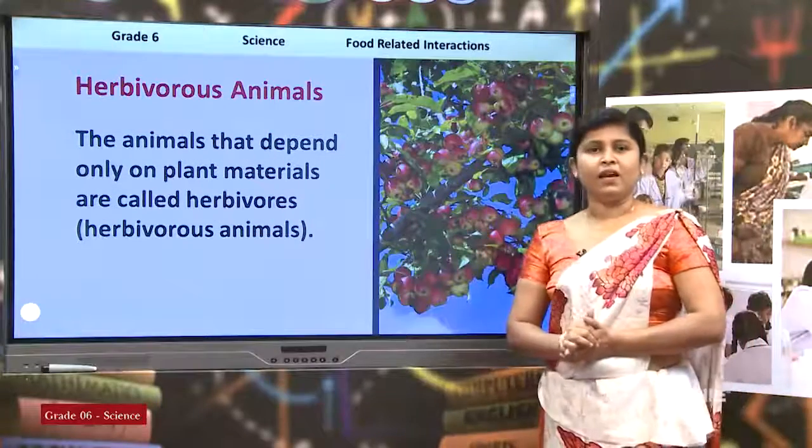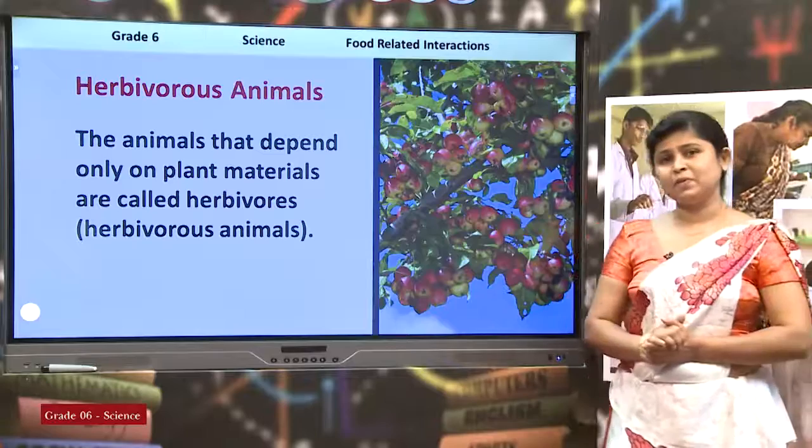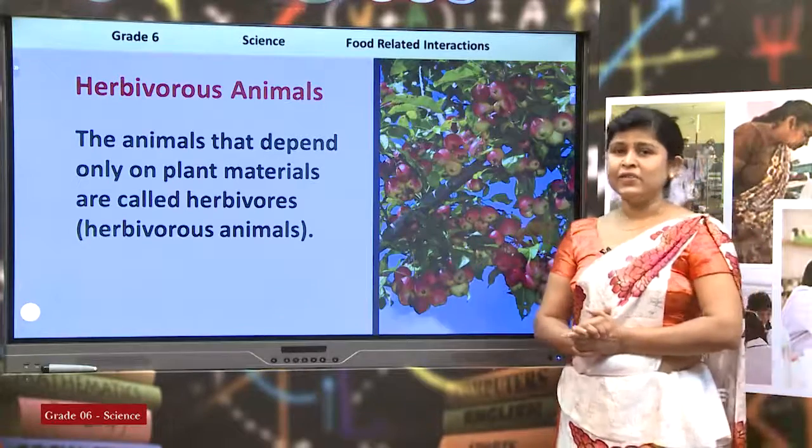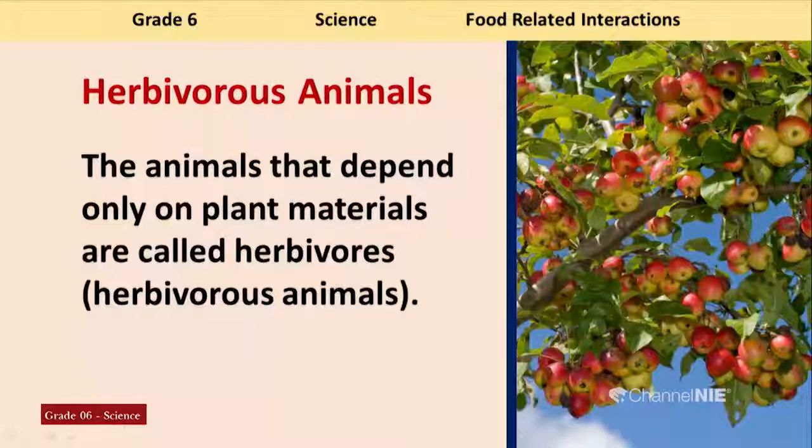Herbivorous animal. I have given you a simple explanation for herbivorous animals. Now you already know that. Let's read. The animals that depend only on plant materials are called herbivores or herbivorous animals. Shall we repeat it?